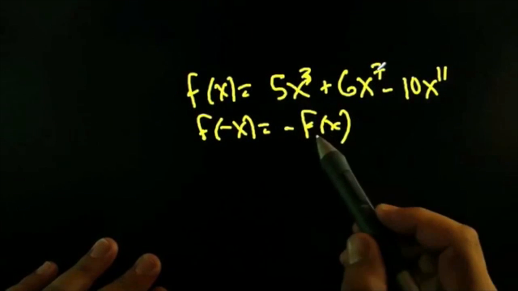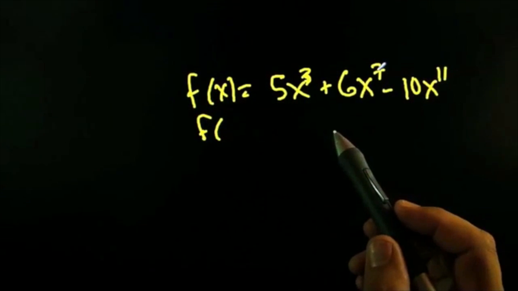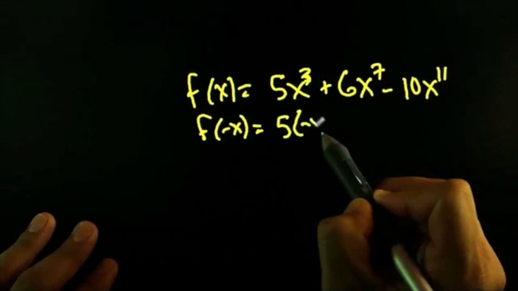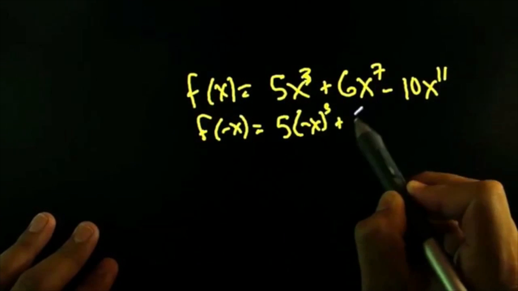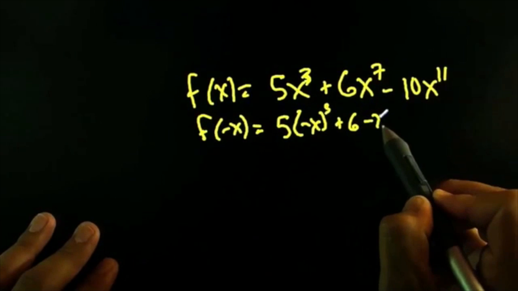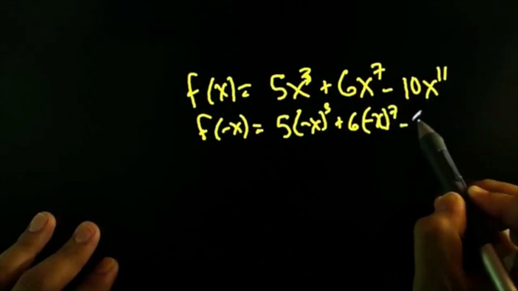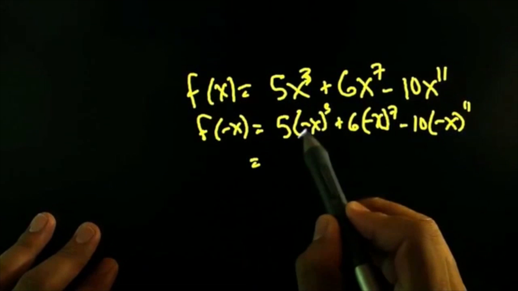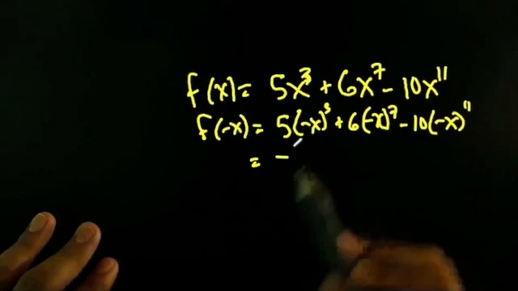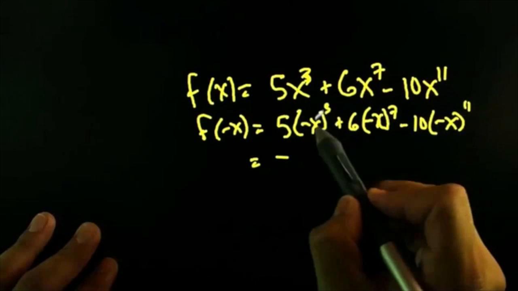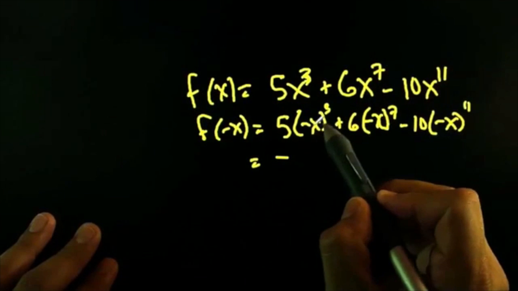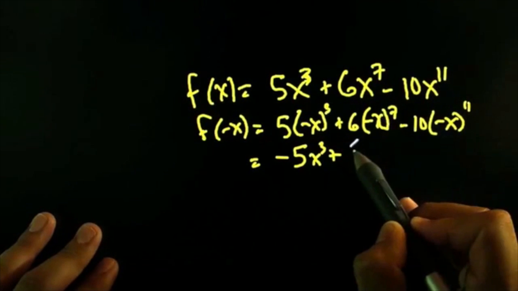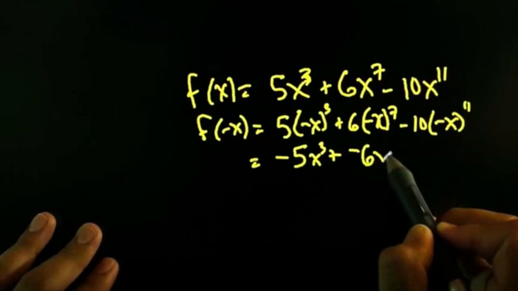In fact, let's do it. Talk is cheap. f of negative x, let's check it. That would be 5 times negative x to the third plus 6 times negative x to the 7th minus 10 times negative x to the 11th. Out of the first one, I could factor out a negative: negative x times negative x times negative x would be negative 5x to the third. The next one becomes negative 6x to the 7th.